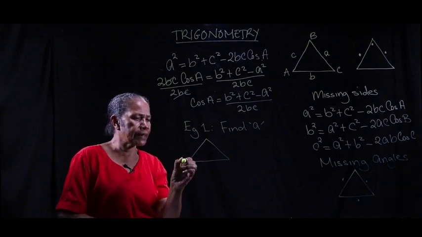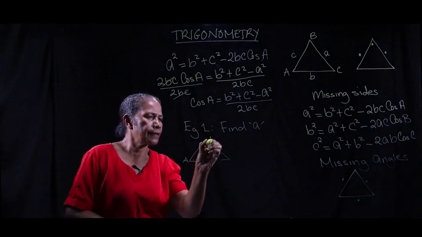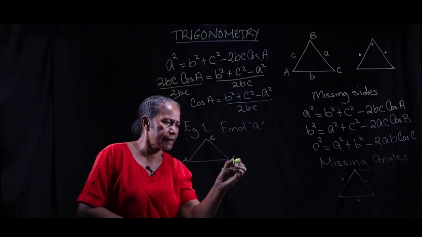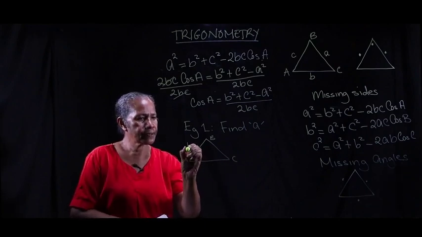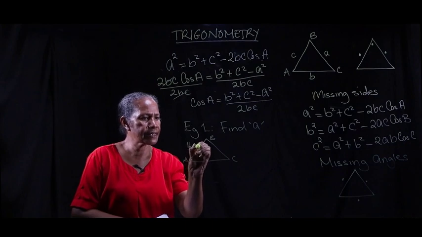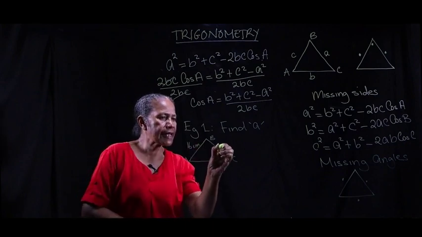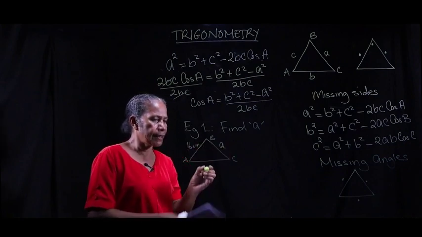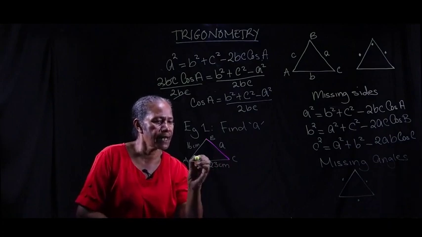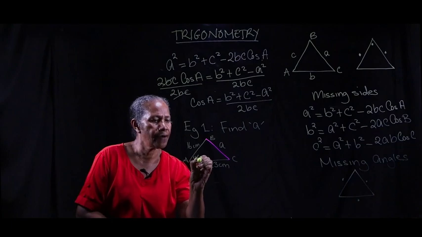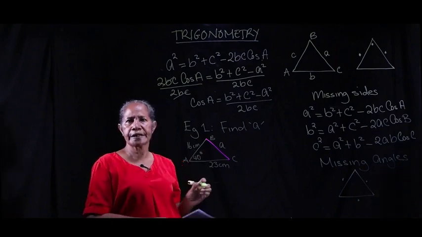Let's label it A, B, and C. This is 16 centimeters. This is side A that we are going to find. This is 23 centimeters, and this angle here is 40 degrees.